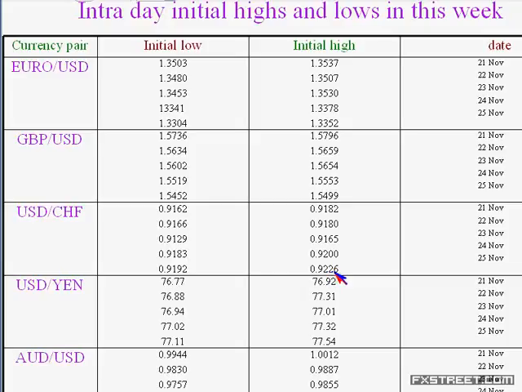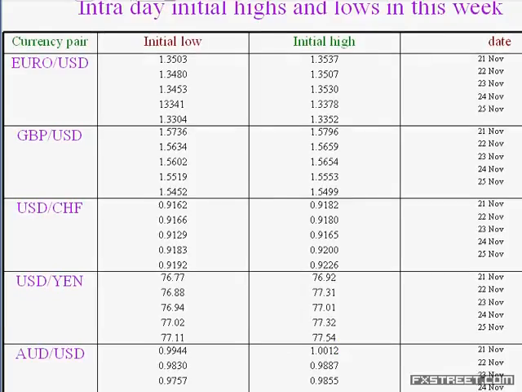Whereas in the case of CHF, they've gone above the initial high, and they continue to stay there. So it is an extended move of an intentional nature on the upside. Then in the case of Japanese yen, only towards the close of the European session, they made an upward move, and we have to see whether they come below 57.54 or stay above.